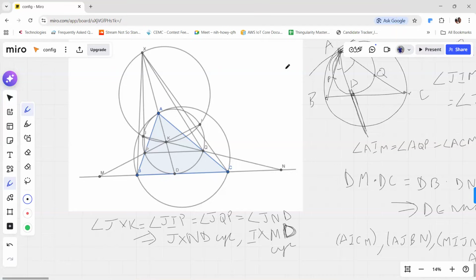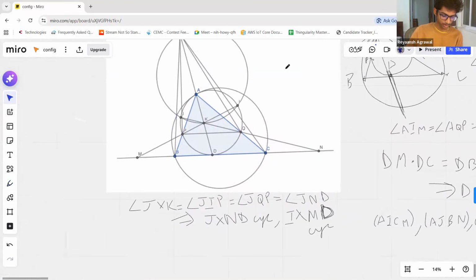A is the midpoint of XD, as angle NXD equals angle NJD equals angle QAD, which gives AC parallel to NX. Yes, the midpoint of XD.